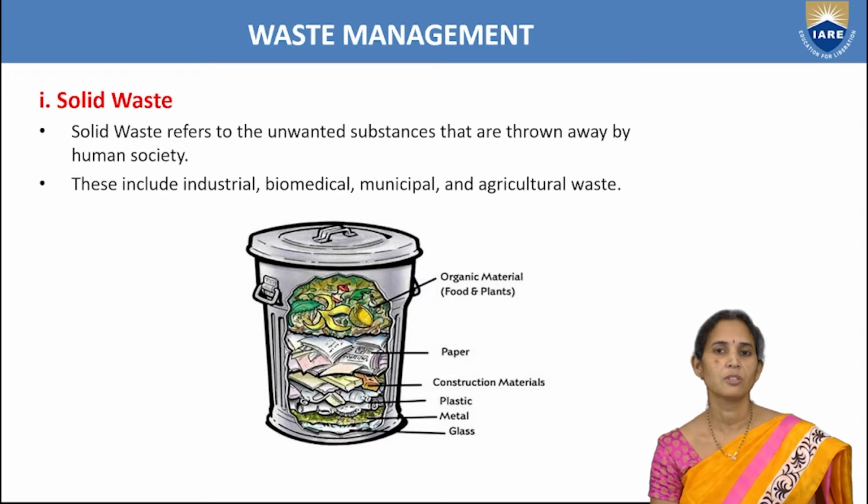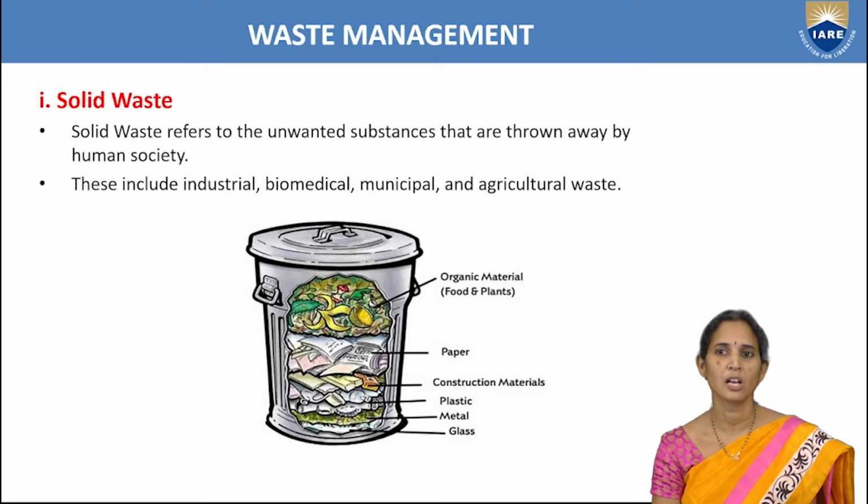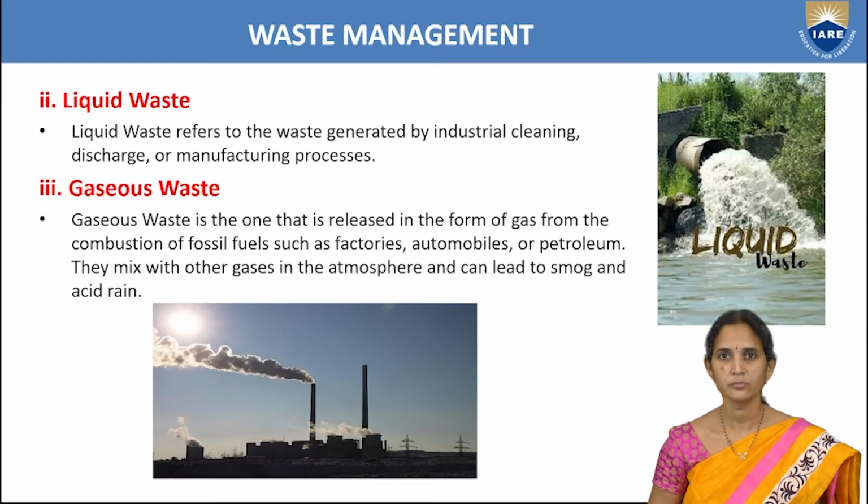In this diagram we can see paper, construction materials, plastic, metals, glass, and organic material like everyday food and vegetable scraps. All these are called solid waste.